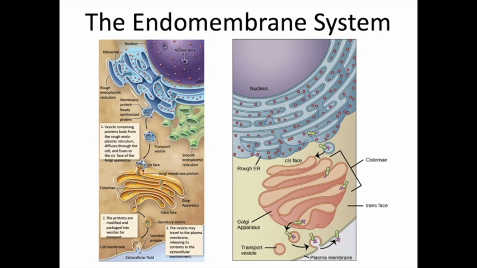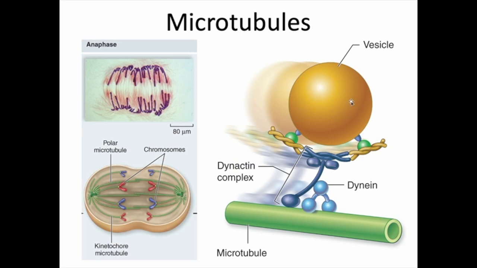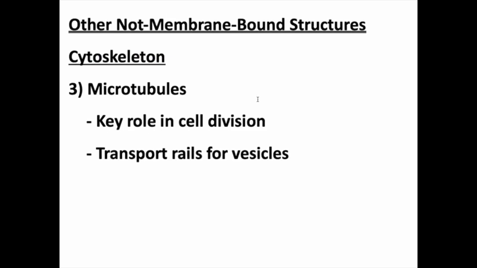The way vesicles get from one place to the other is by riding the rails. And that's what these microtubules are within the cell. They're a railway system for vesicles to be transported using these motor proteins in order to get from one place to another. So, in summary, microtubules have a key role in cell division, and microtubules serve as the transport rails for these vesicles to get from one place to another.